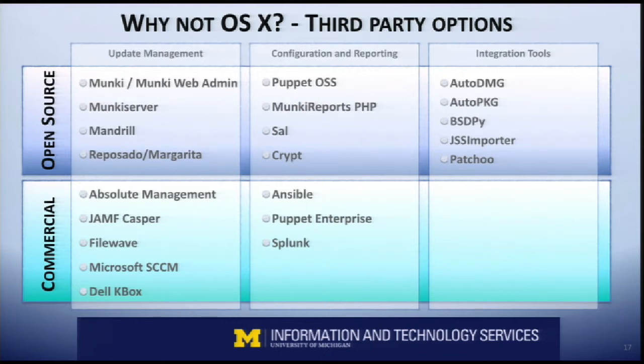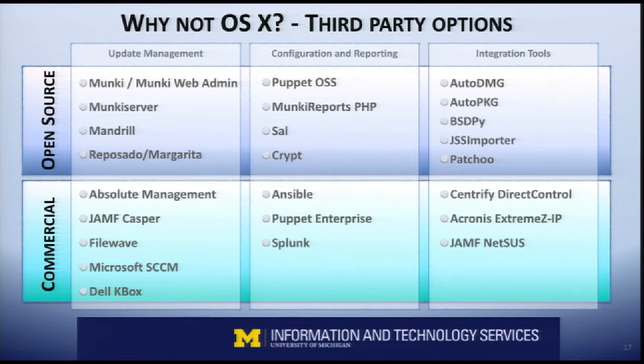Splunk, you may have heard of. It may be in use in your environment as the sort of 500-pound gorilla of monitoring and reporting. I'll show some examples of how you can implement that in an OS X environment to get some reporting on your clients.